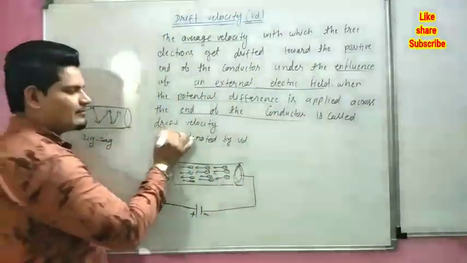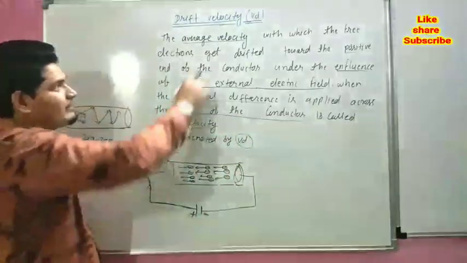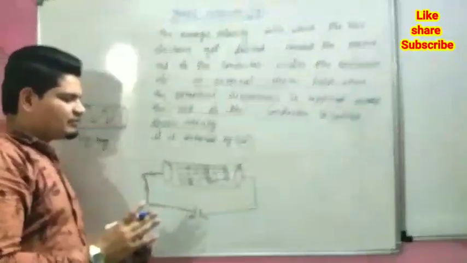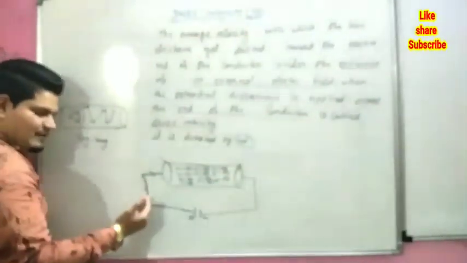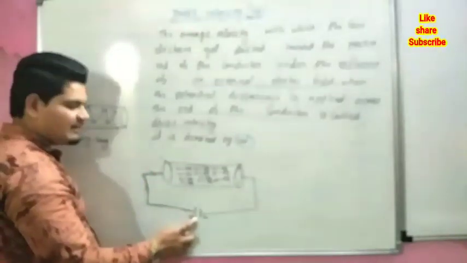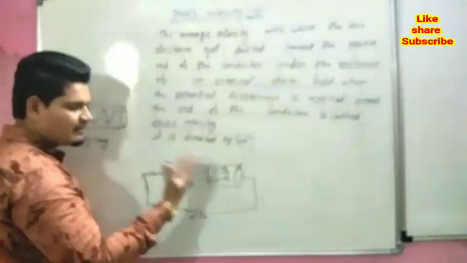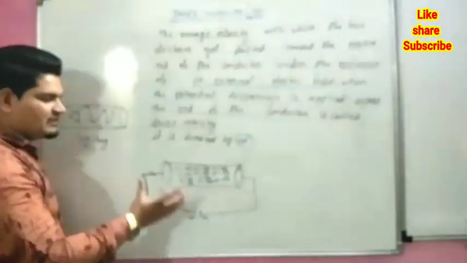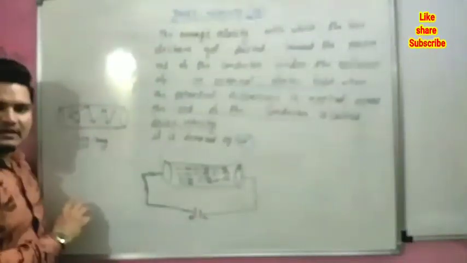Drift velocity is denoted by Vd. Without an external force, electrons move in a zigzag manner.